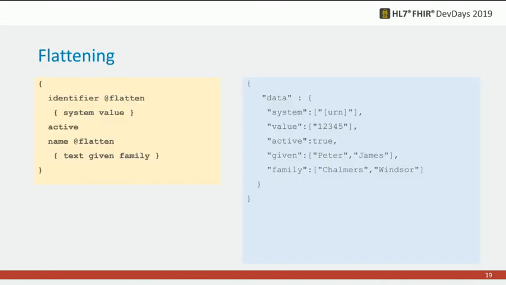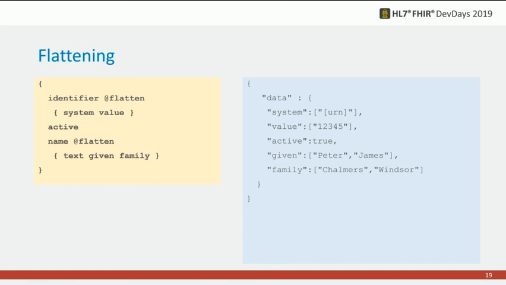Actually, you can do more, because then you can say, actually, I'm going to tell which identifier I want you to flatten. Or I can say, actually, I want you to split identifier up and rename the different elements so I get usual identifier dot system and casual identifier dot system and so forth. So there's a number of things you can do.